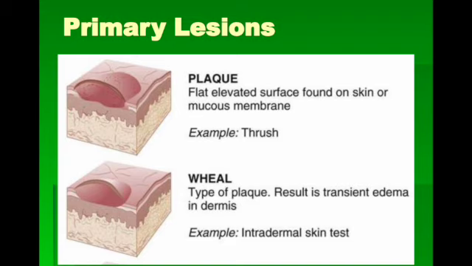A wheal is a very superficial swelling and edema, typically transient, and it's sort of a type of plaque, a raised lesion. So you might see that with hives, or when you do a PPD skin test and they put a small intradermal wheal of the tuberculin substance.